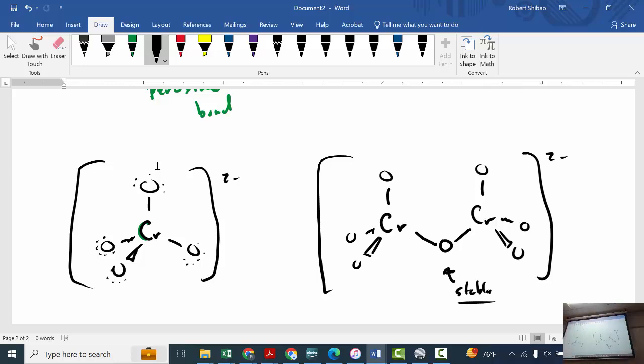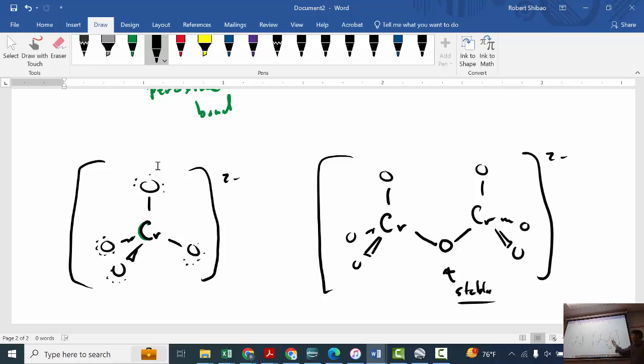So if we were to link up two chromates, we'd normally have to form a peroxide link. You put the two CrO4 side by side, we're going to get Cr2O8.